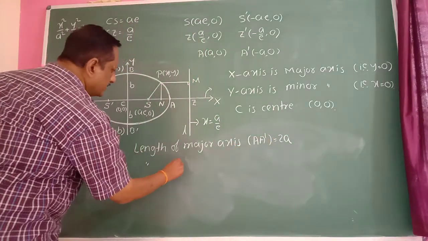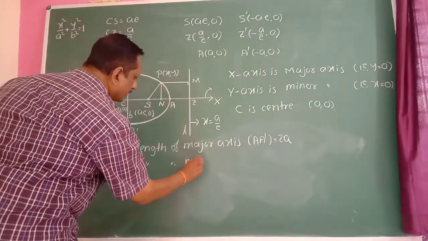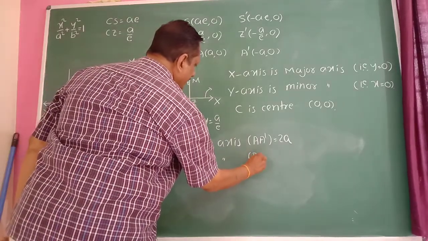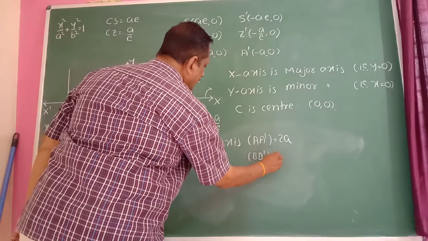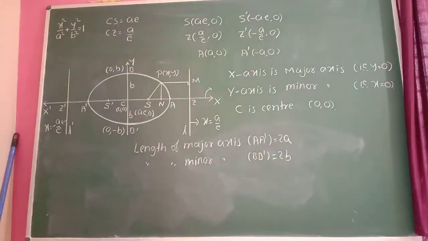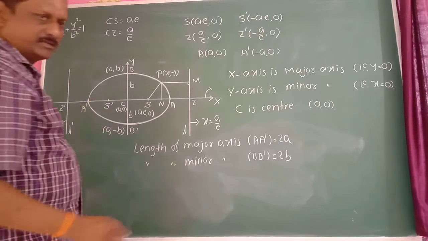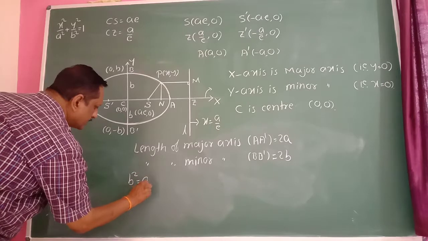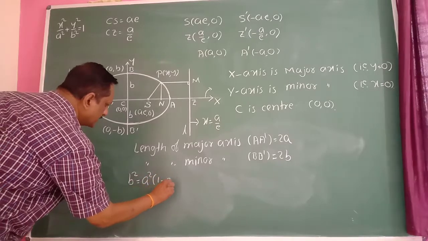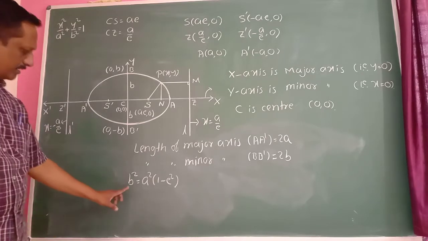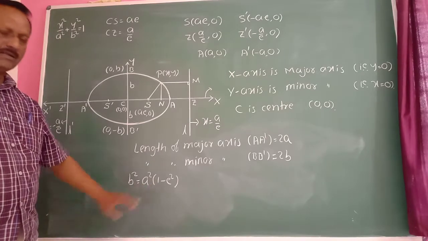Then the length of the minor axis, that is B B dash, is 2b. And you already proved in the theorem b square is equal to a square into bracket 1 minus e square.